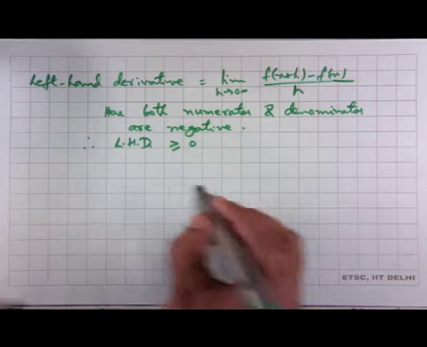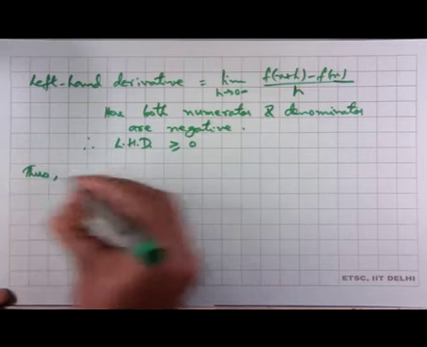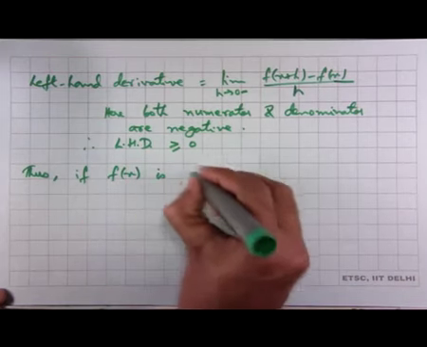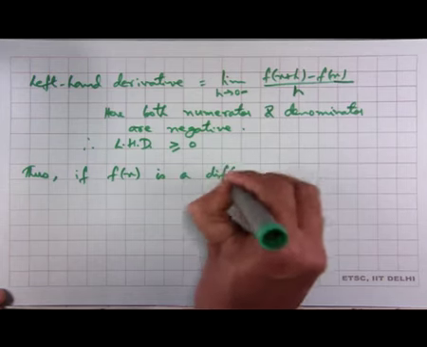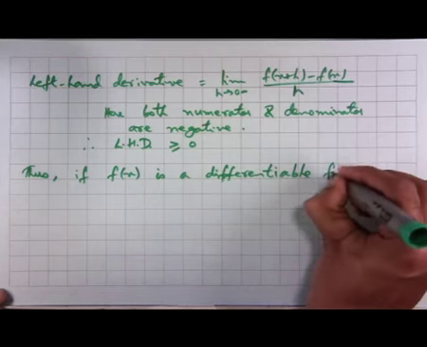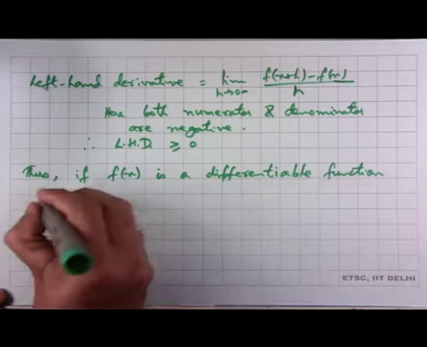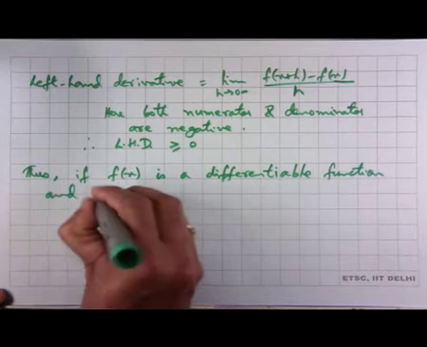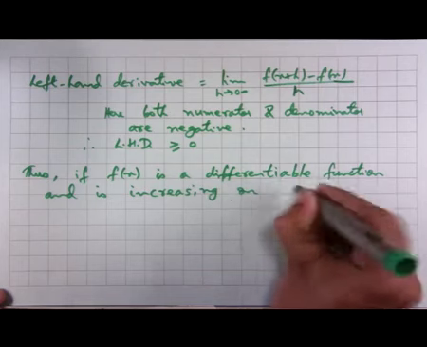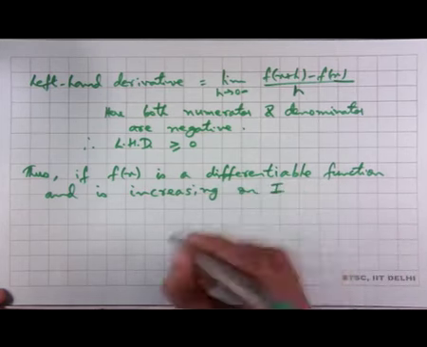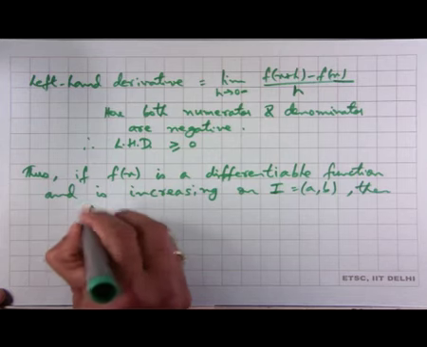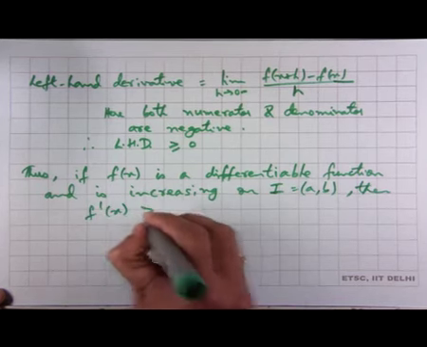So, what we have seen is that if f x is a differentiable function and is increasing on an interval I, then the derivative f prime x must be greater than or equal to 0.